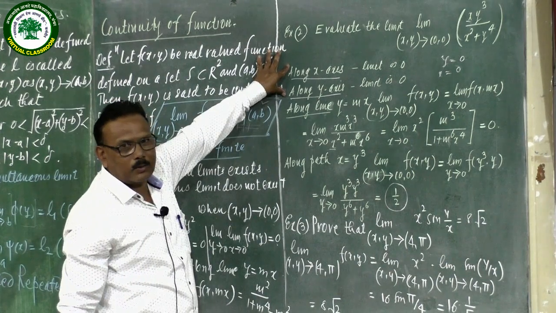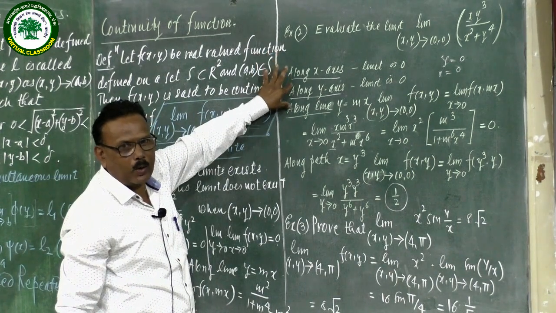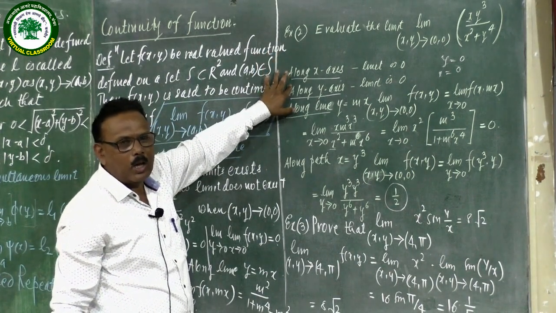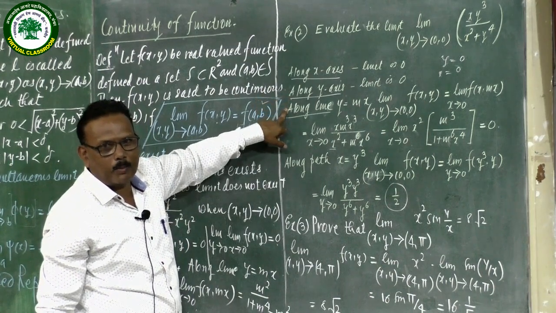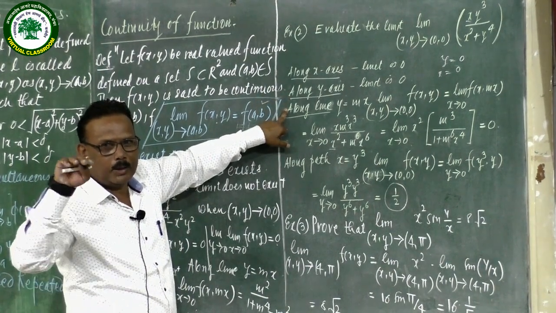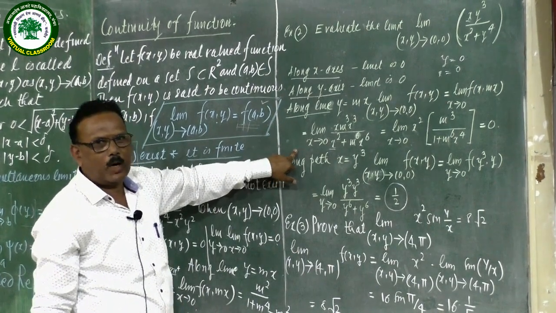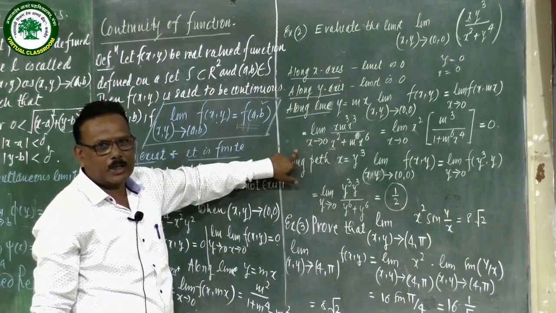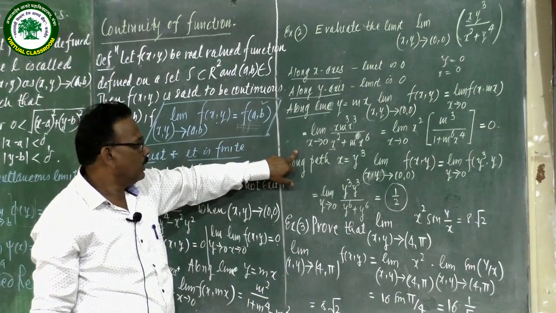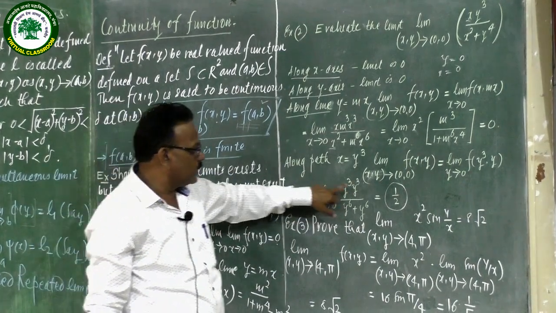Along the x axis, the value of the limit is 0, along the y axis the value of the limit is 0, along the path y is equal to mx the value of the limit is again 0. But in the last case, while considering x is equal to y cube, the value of the limit is 1 by 2.